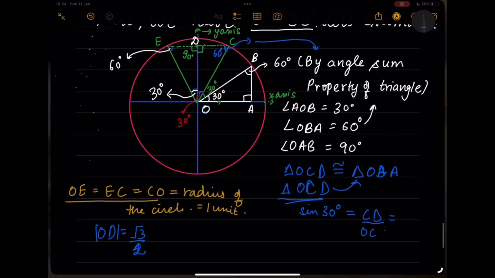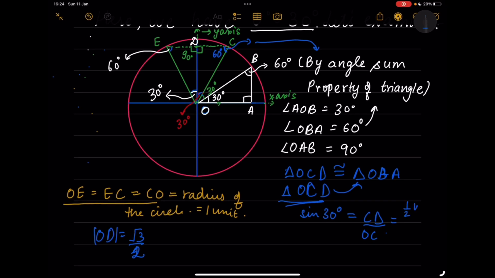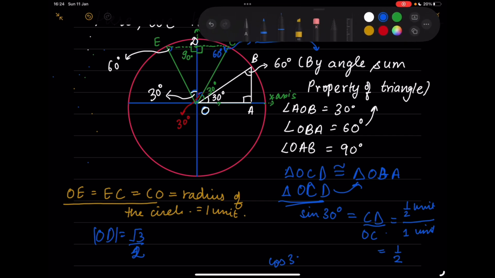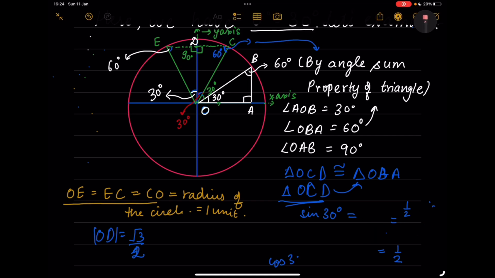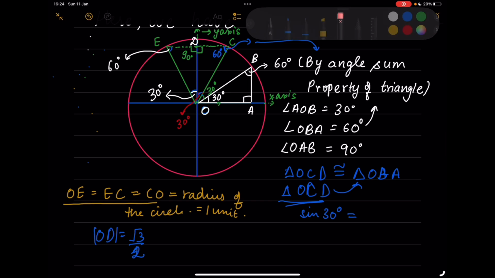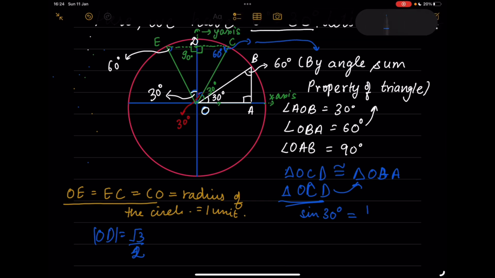CD is your half unit and OC is your 1 unit. So this you will get as half, right? So sine 30 you have got as half. Okay, let us just write it down. This is half.